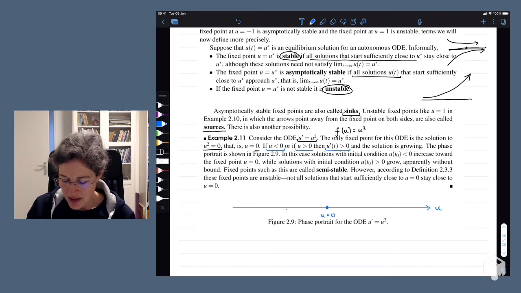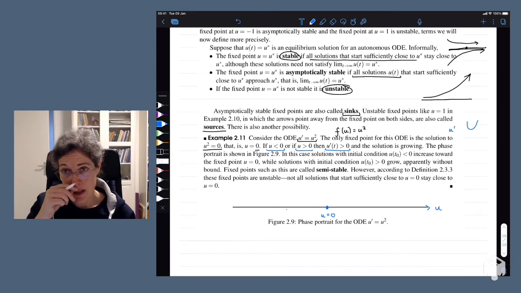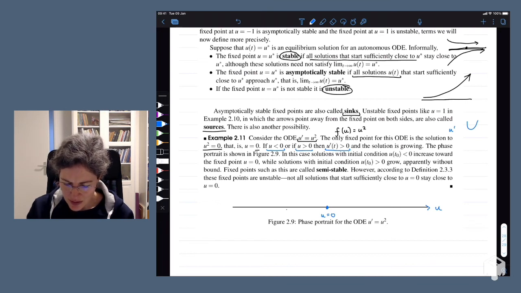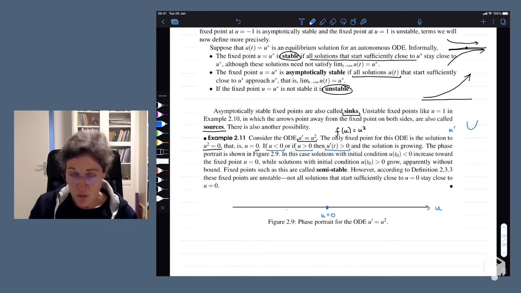So the derivative looks like this, and if you integrated that, which you could do really easily, you know that it's positive everywhere. So no matter where we go, our solution is growing.